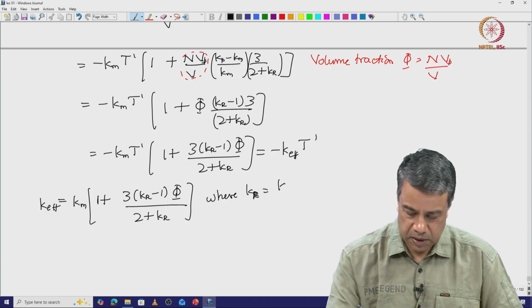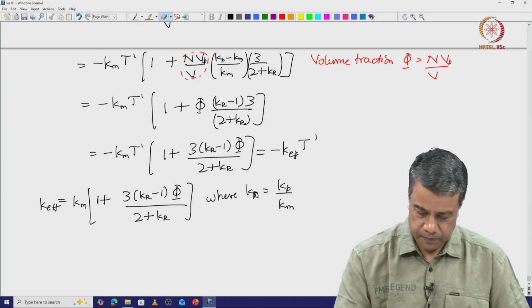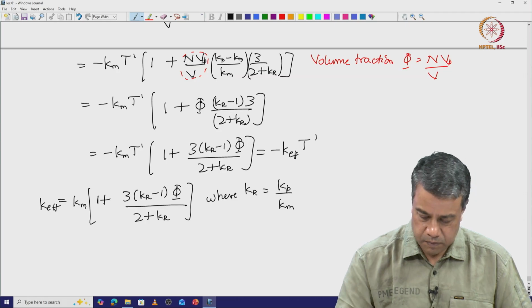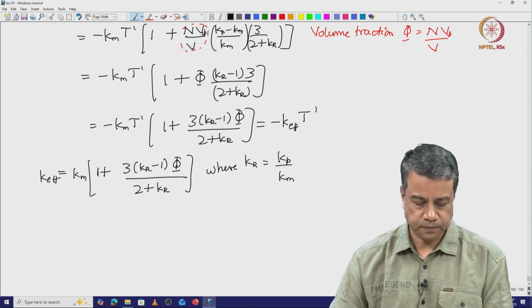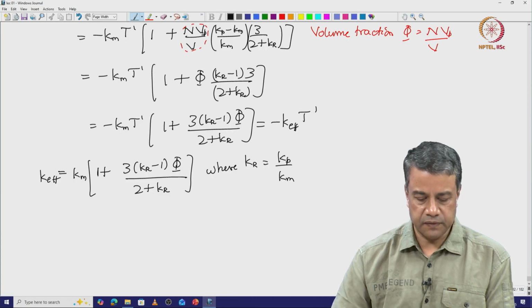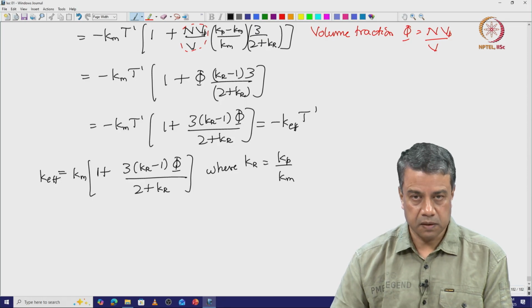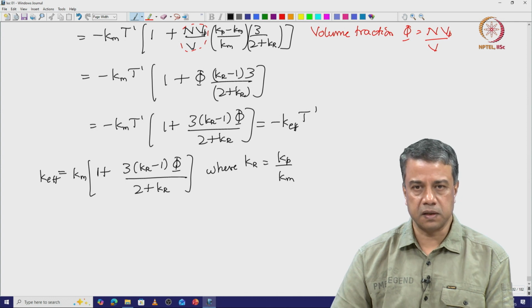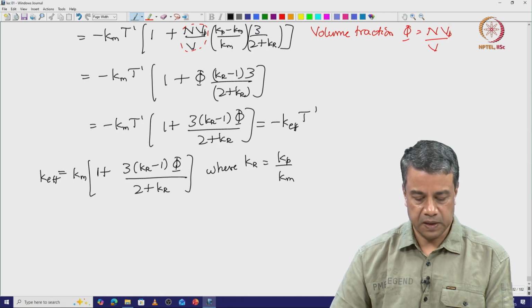Where Kr is equal to K particle by K matrix. So, this is the effective thermal conductivity of the composite material in the dilute limit, when the volume fraction is small and the temperature field around one particle does not cause a disturbance to the temperature field around the other particle.